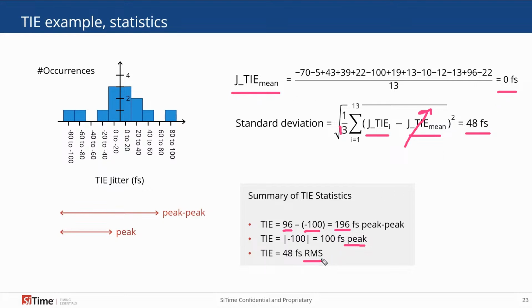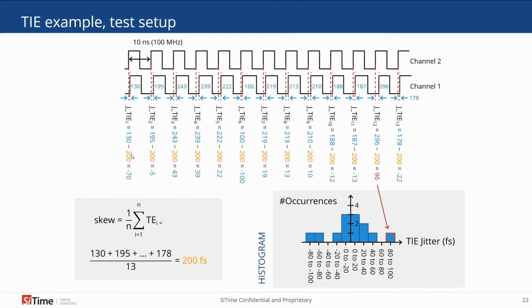And the reason that we can label this as an RMS value is because this mean term is actually 0. So you might ask, why is the mean 0? That's because if there were a mean, it would show up in the skew value that we subtracted from every instantaneous value of time error, and that's what gave us the time interval error jitter.